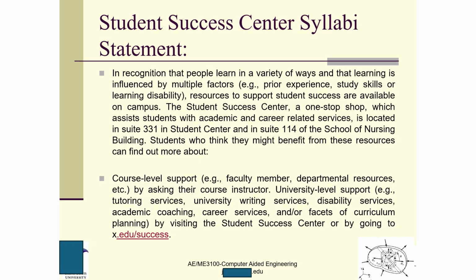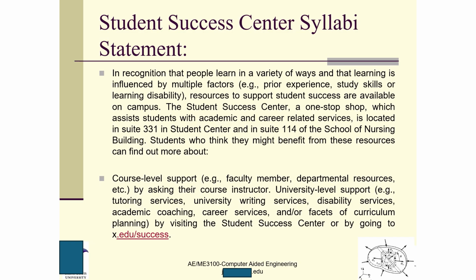The Student Success Center, a one-stop shop which assists students with academic and career-related services, is located in Suite 331 in the Student Center and in Suite 114 of the School of Nursing building. Students who think they might benefit from these resources can find out more about course-level support, e.g. faculty member or departmental resources, by asking their course instructor.